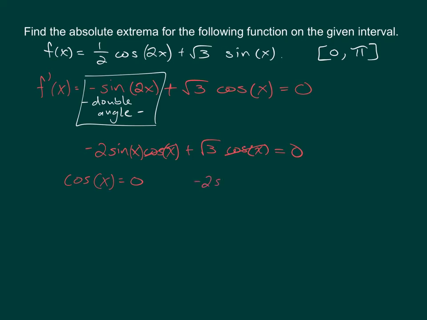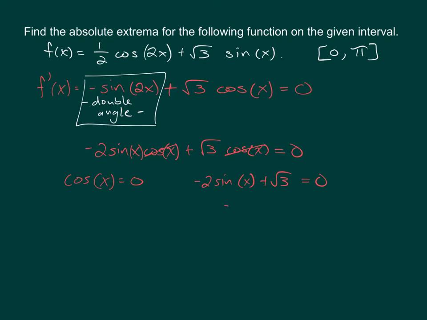So negative 2 sine of x plus square root of 3 equals 0. All I'm doing here is factoring out a cosine, and then I would be left with this on the inside, if I were writing out the factors. But I just jumped right to setting the factors equal to 0.